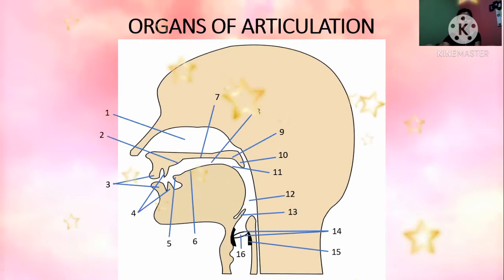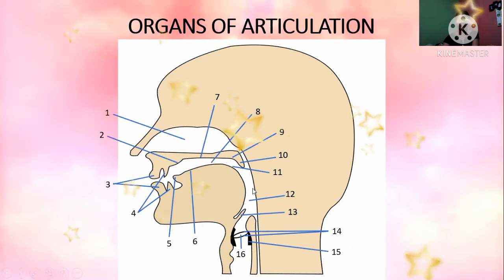In phonetics and phonology, a distinction is made between the tip of the tongue and the blade. So sounds made with the tongue tip are said to be apical, while those made with the tongue blade are said to be laminal. And in number 7, we have the palate.